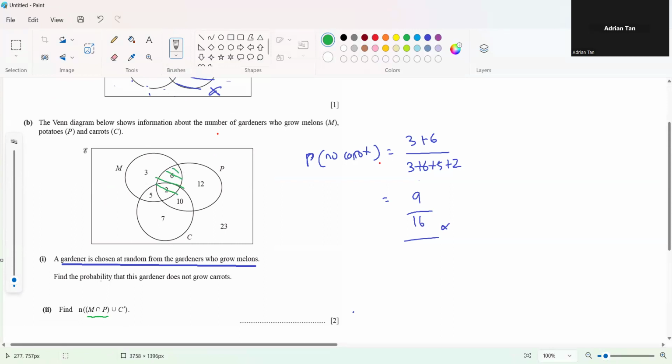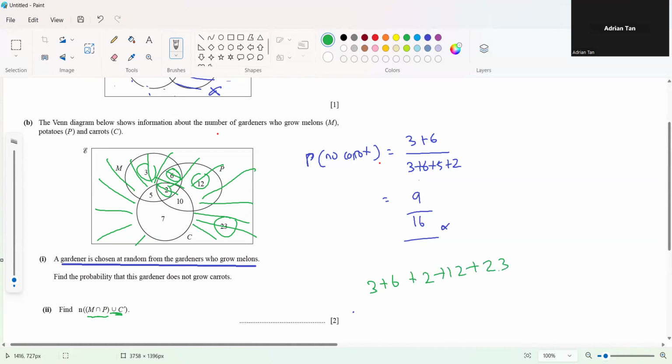Now, when you union something, it means you're going to combine it. So union C prime would simply be combining it with everything else in C prime. So how many regions are selected? So it will be 3, 6, 2, 12, and 23. So from here, it will be 3 plus 6 plus 2 plus 12 plus 23.